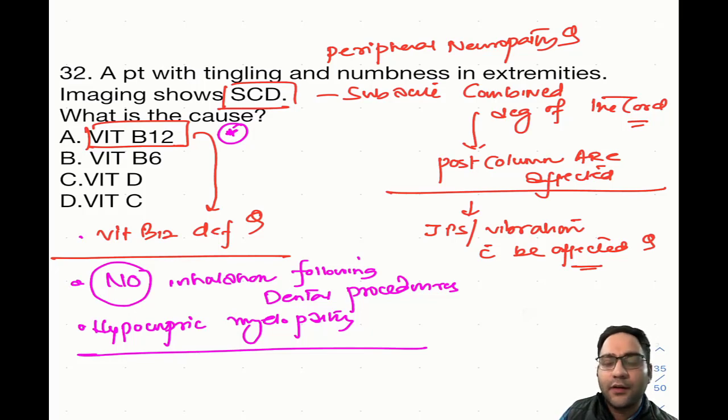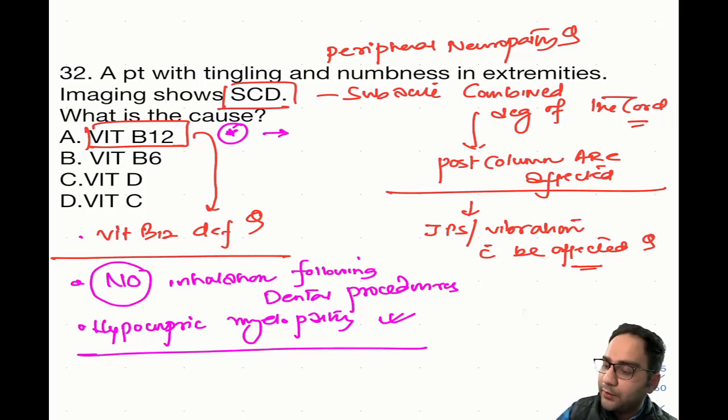So what is the cause? Too much zinc in your diet, too many multivitamins containing zinc, and the patient develops such symptoms, and imaging of the cord is showing subacute combined degeneration of the cord. So what will you suspect? In that case, the answer would be hypocupric. But in this case, the answer is vitamin B12.